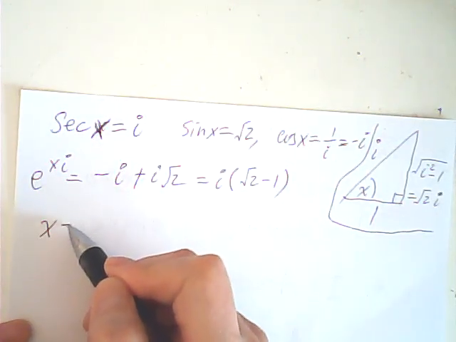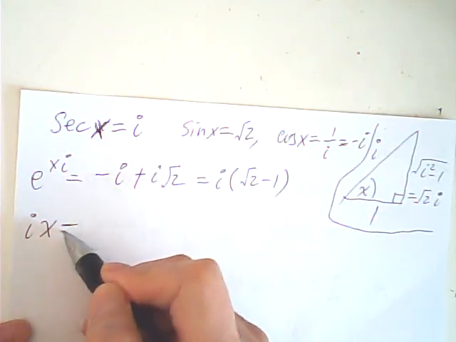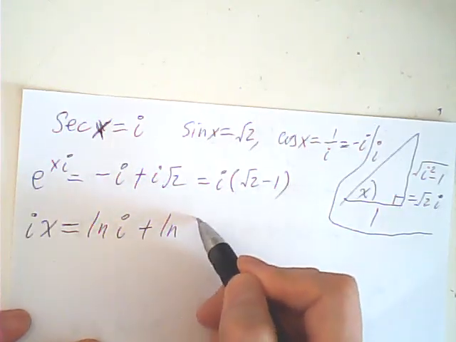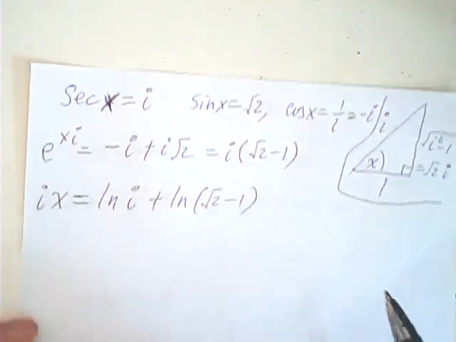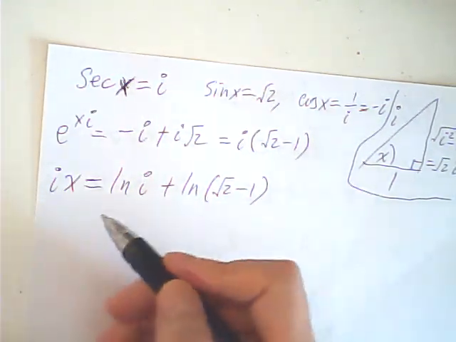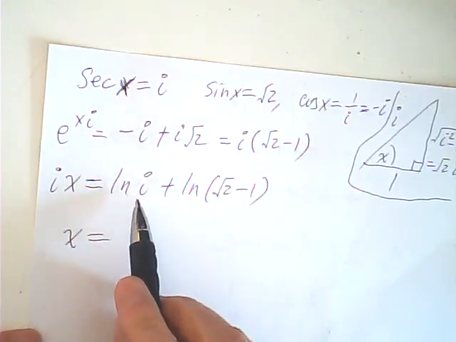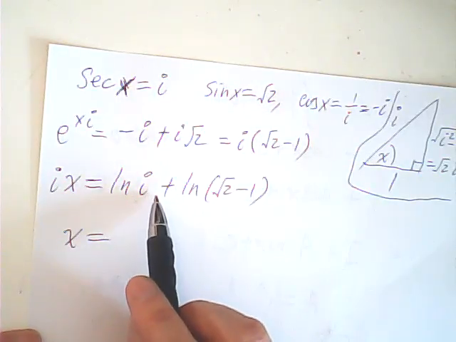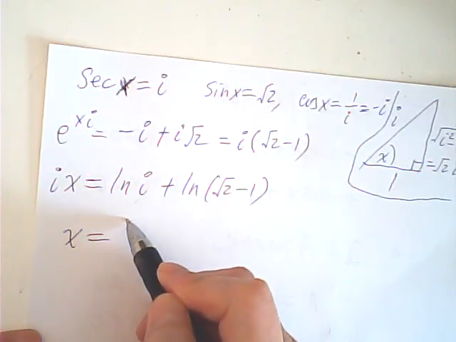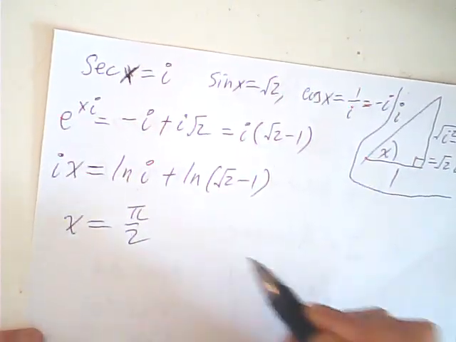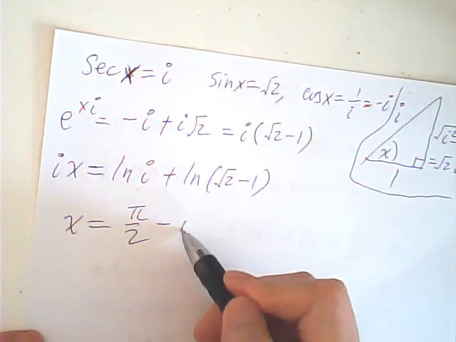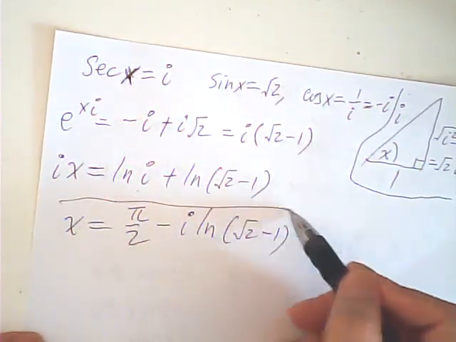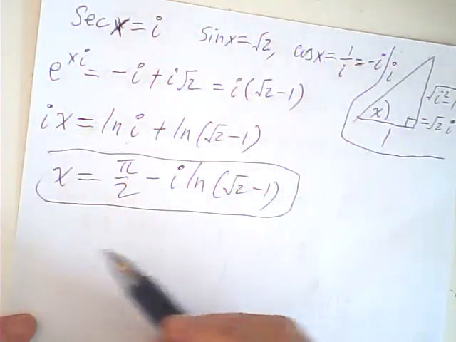Yeah, so ix is equal to log i plus log root 2 minus 1. So this is positive. Is this okay? So x is equal to log i, which is what? e to the log, e to the half pi i. So this is half pi. Divided by i is multiplied by i. Yeah, that is the principal solution in the first quadrant.